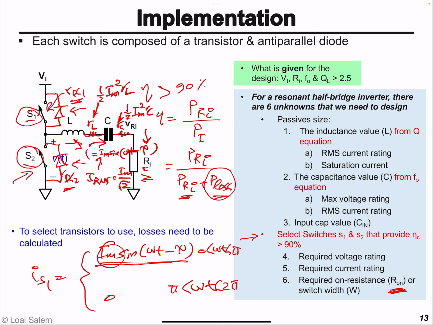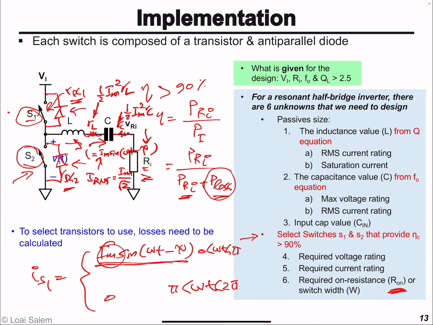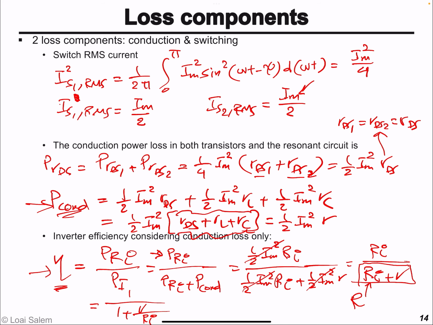Also, the efficiency doesn't include the switching losses due to driving the gate capacitance of the switches, the output capacitance of the switches as well, if we don't have zero voltage switching, as well as the reverse recovery losses in the body diode or anti-parallel diode. So this is a simplified expression as a first order expression.